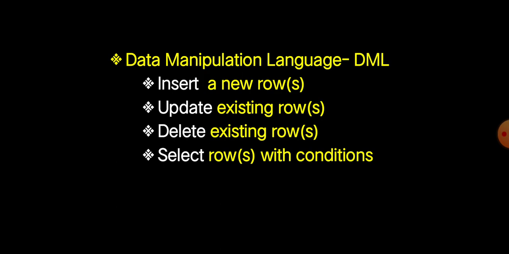So we can insert a record, update one or more records, delete one or more records, and select records with some conditions. DML deals with insertion, updation, deletion, and selection. In DML, we only have 4 commands: insert, update, delete, and select.